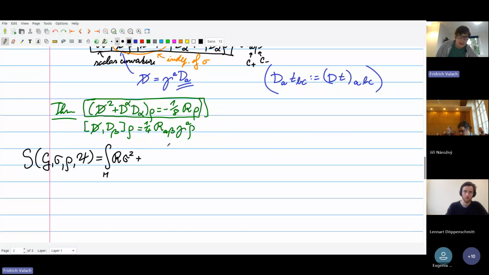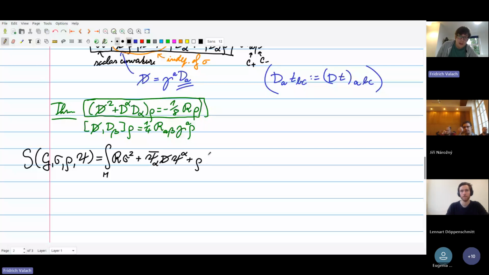What has also been known for maybe 13 years is how to write down the lowest order kinetic terms for the fermions, and they look as follows. Remember that both these psi's are half densities, so together this is a density, and we can again integrate it naturally over the manifold.